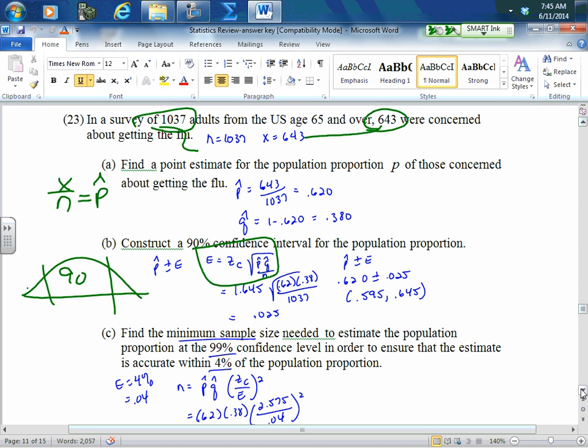The rest share 10%. So you're doing 1 minus 0.90 divided by 2 in your inverse norm. That's where your 1.645 comes from. Okay, fill in your p-hat, q-hat, divide by n, there's your margin of error. If you use your calculator, 1 proportion z interval.